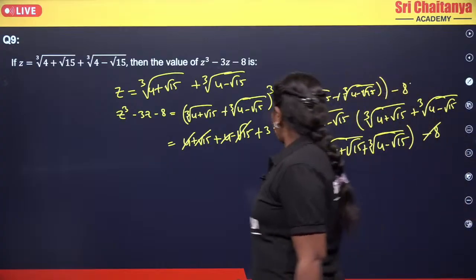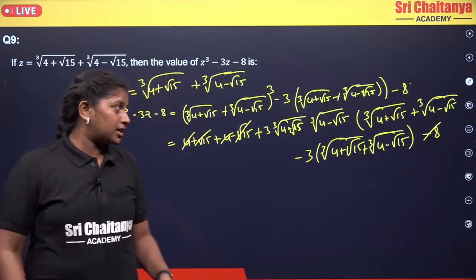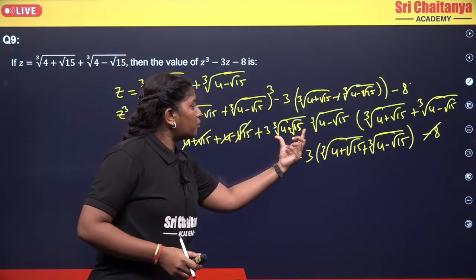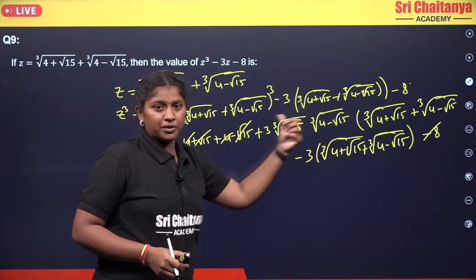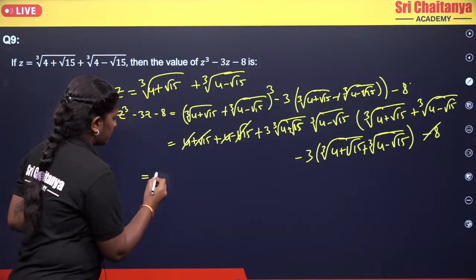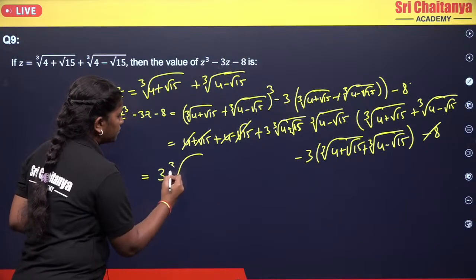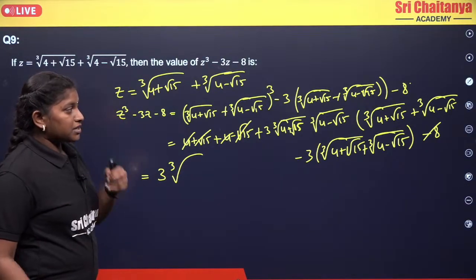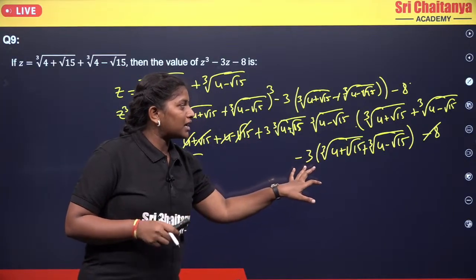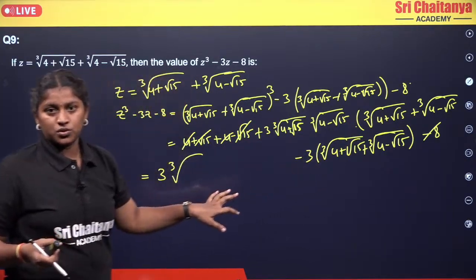Now coming to the next, if you observe clearly, what is the common term? If I am having cube root of a into cube root of b, how can I write it? I can write it as 3 into these terms, whatever term we are having in the bracket, that we can take common. So understood?